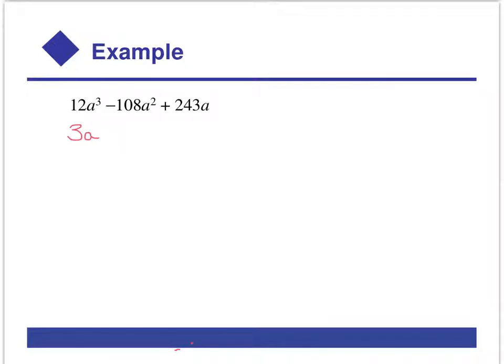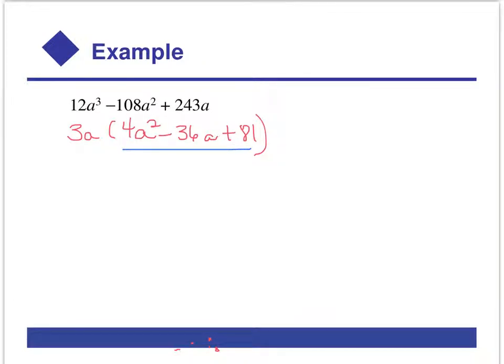So now I'm left with 4a squared minus 36a plus 81. Now, we have to look through here and see if we can factor again.